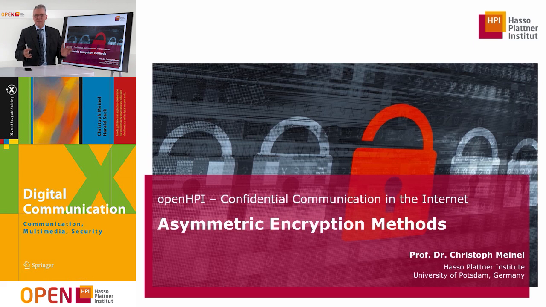The people who are interested are invited to look for deeper information in other courses about internet security. But it gives a good feeling about the nature of how these asymmetric encryption methods work, or how they are computed. And now we have to look into more detail at how they are applied.